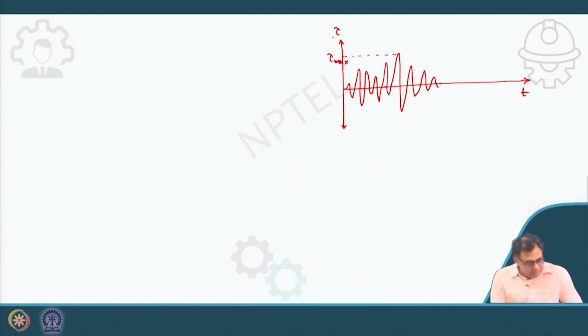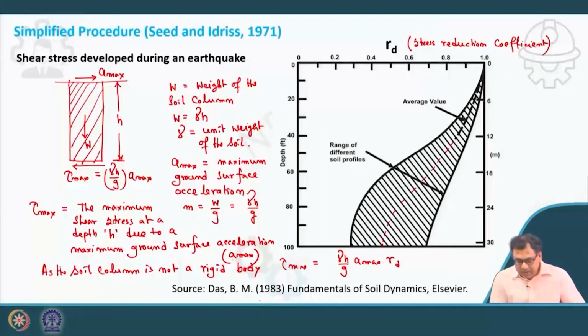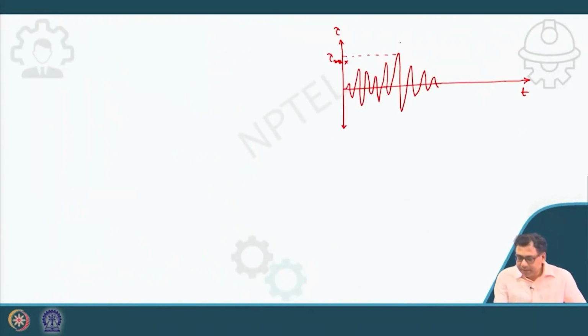But these tests are being done for uniform cycles. You can see here the shear stress cycles are not uniform in the time history plot, but the tests are conducted for uniform cycles, that is, under sinusoidal loading.